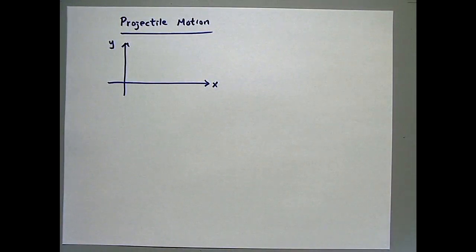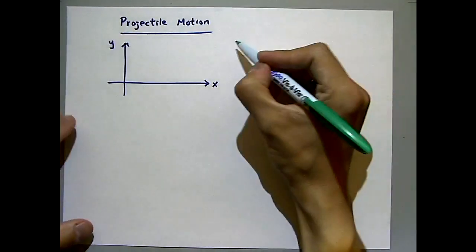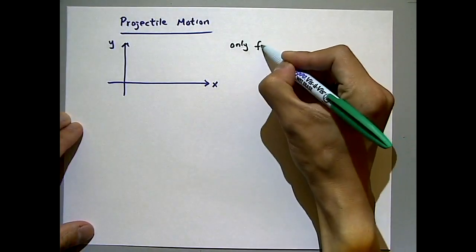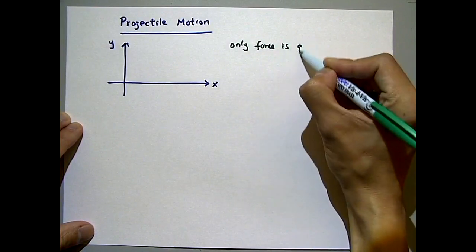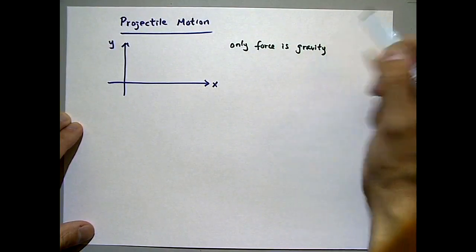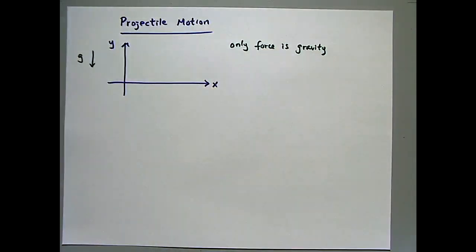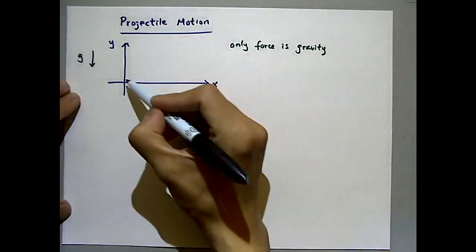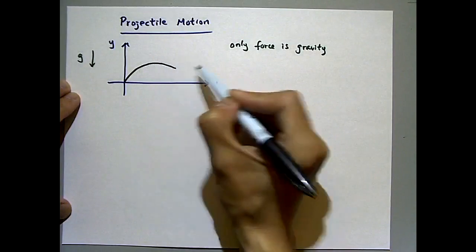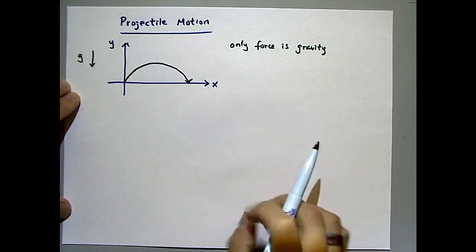Let's assume that the only force here is gravity, and gravity, we'll call that g, goes in the negative y direction. So this is what happens when I'm throwing a baseball to you, for example. And we know what's going to happen. The thing is going to have a parabolic path, right?